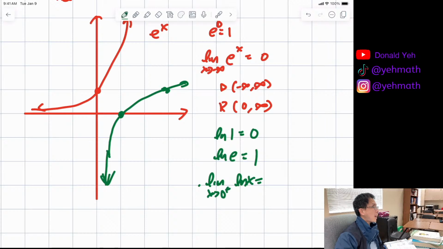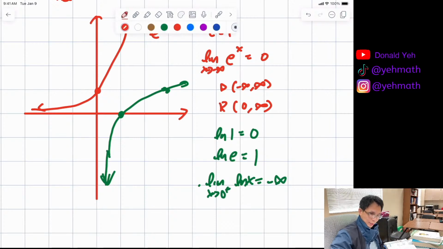Say it right. Negative infinity, thank you. It's like the flip, because e to the x goes to negative infinity approaching 0. There was a horizontal asymptote for that, but there is a vertical asymptote here.